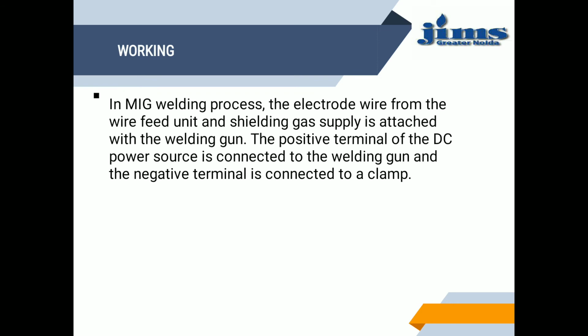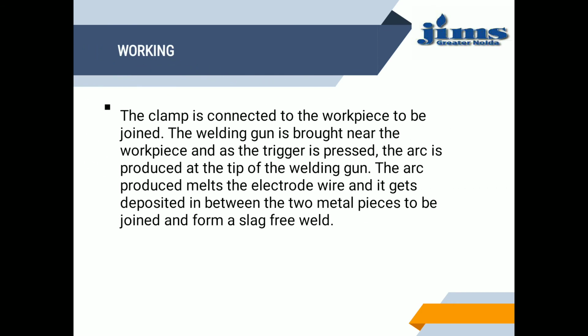The clamp is connected to the workpiece to be joined. The welding gun is brought near the workpiece, and as the trigger is pressed, the arc is produced at the tip of the welding gun.